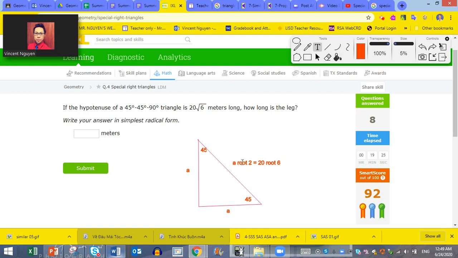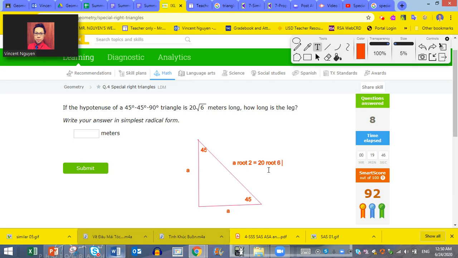Now, here's a root 2 and there's a root 6. A root 2 and a root 6 are not the same. However, I do want a root 2 over here. You could actually split the root 6 into root 2 and root 3.